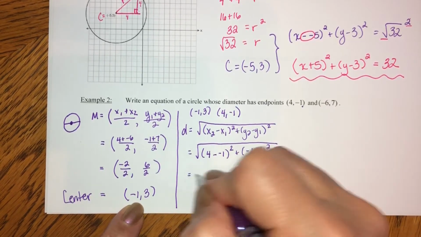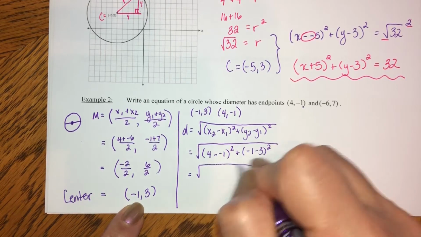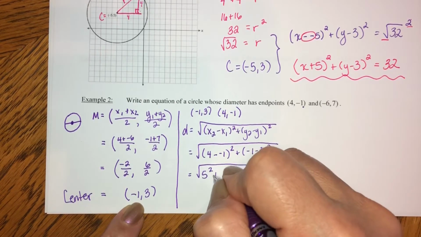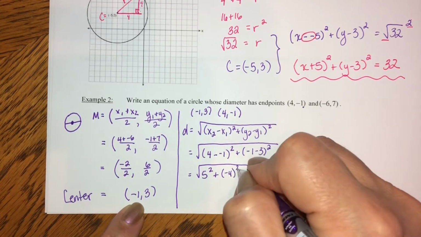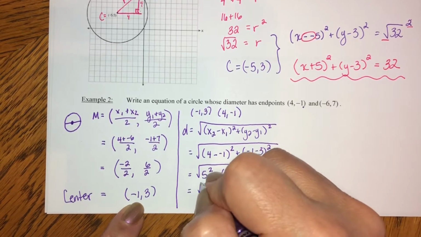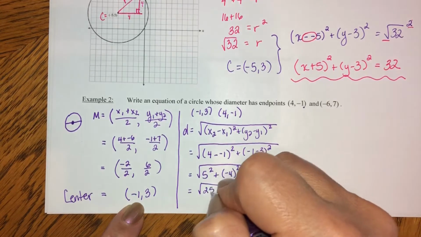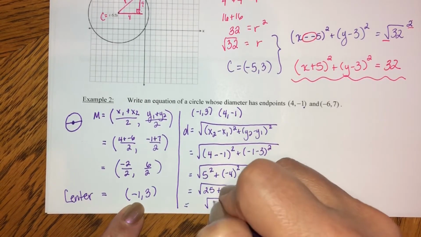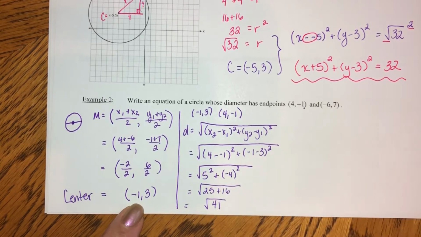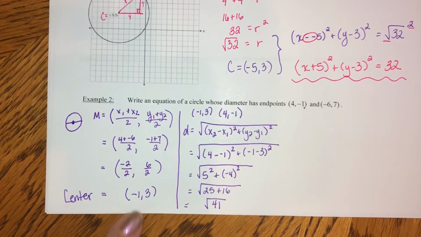Just being very careful with my arithmetic here. This would be 5 squared plus negative 4 squared, which means it will be the square root of 25 and 16, which is the square root of 41. So I now have a radius, and I have a center.